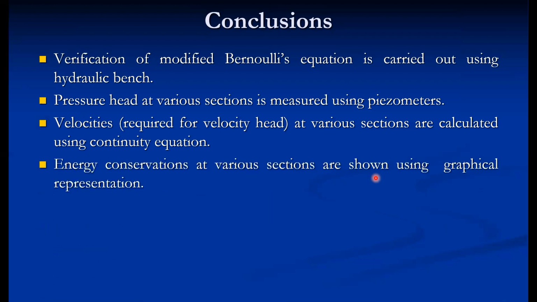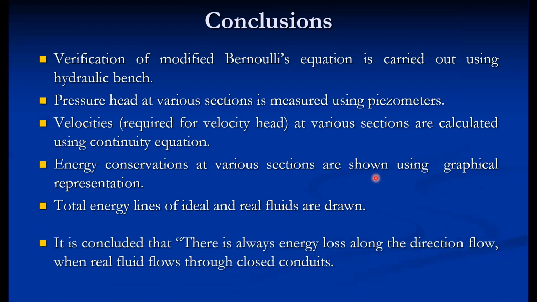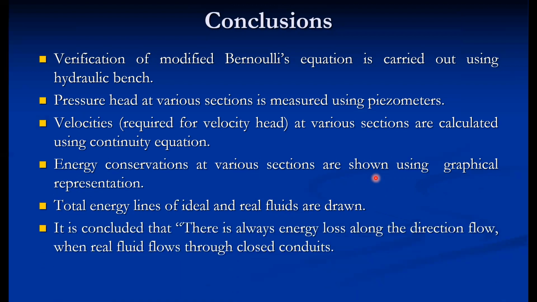And energy conservation at various sections is shown using graphical representation. And the total energy lines for ideal and real fluid are drawn. And from this, we can conclude that there is always energy loss along the direction of flow when the real fluid flows through the closed conduit.